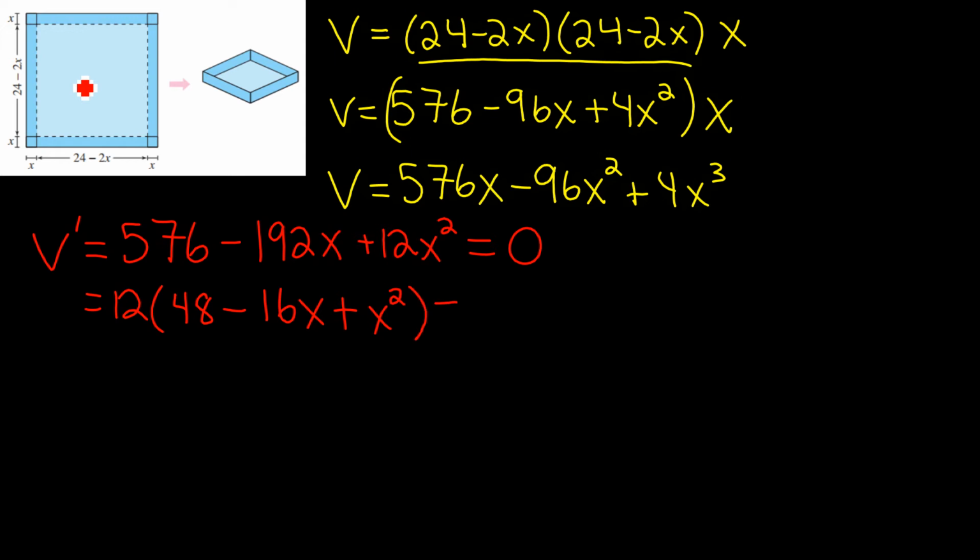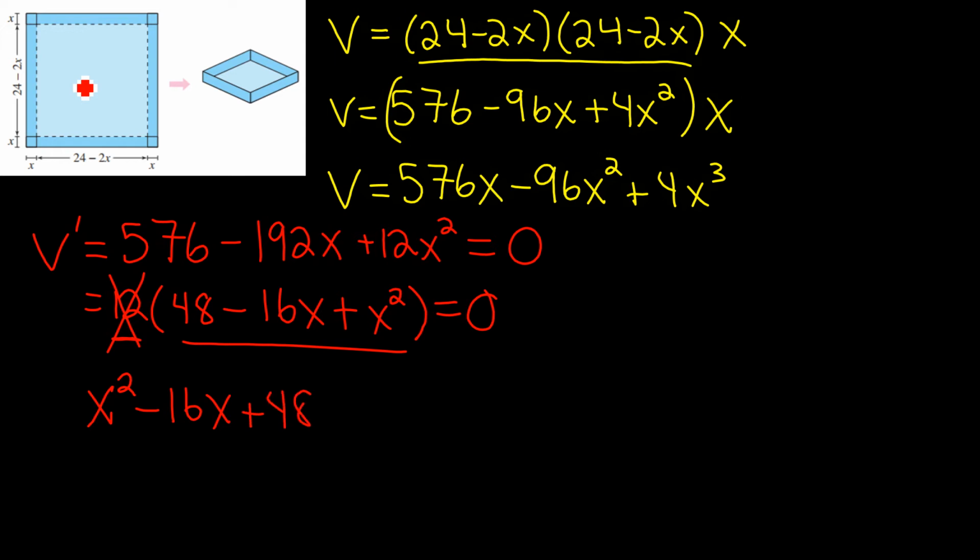So this is the equation I'm going to try to use. The number 12 can never make 0, so I don't even have to worry about that. But now I can say that x squared minus 16x plus 48 equals 0.